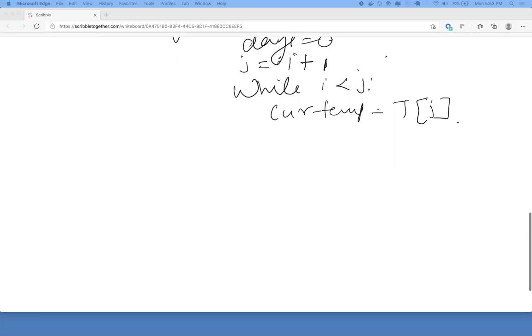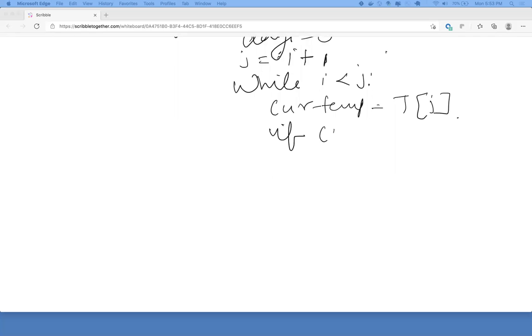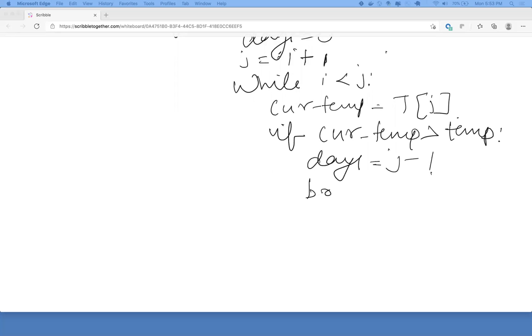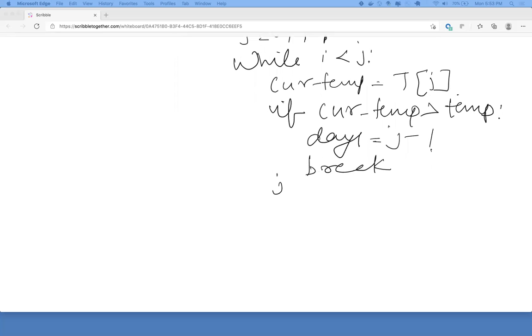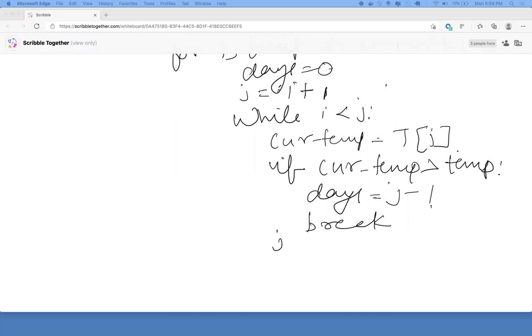And if current temperature is greater than temp, your days equal to j minus i, you do a break. You want to break out of the while loop. No, this is j is less than length of T.